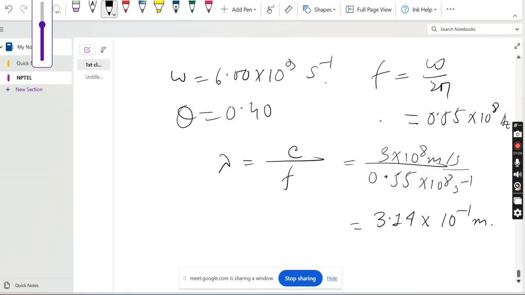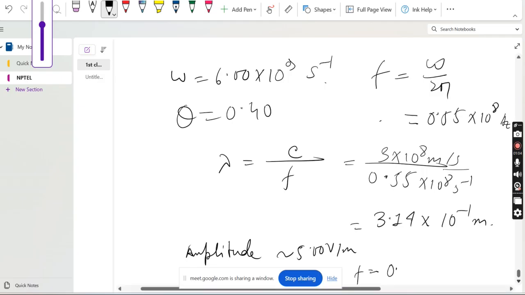So the amplitude is 5.0 volt per meter. Frequency is 0.55 into 10 to the power 8 hertz. Omega is, actually it is 9.